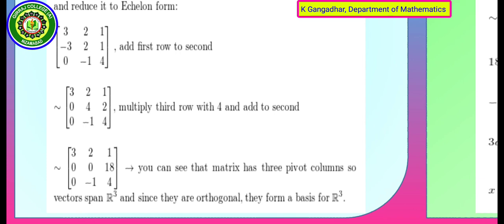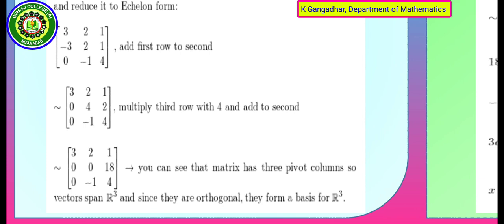Put these vectors in a matrix and reduce it to echelon form. In the echelon form we get 3 2 1, 0 0 18, and 0 minus 1 4.